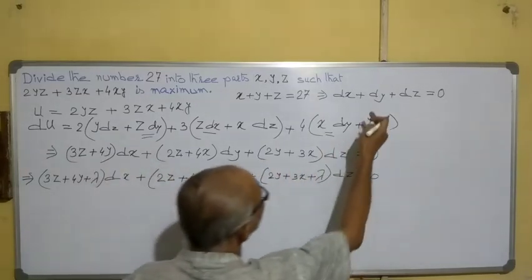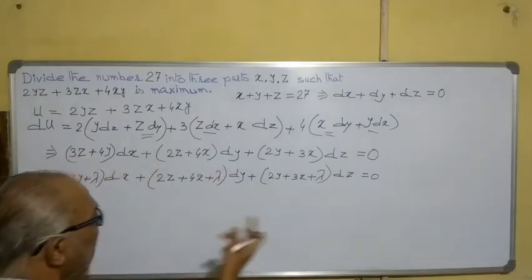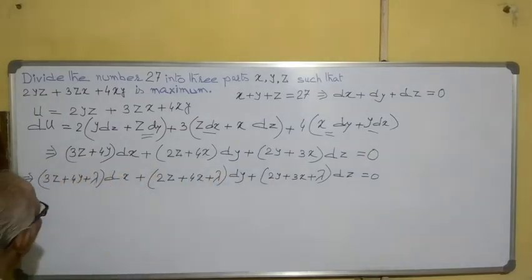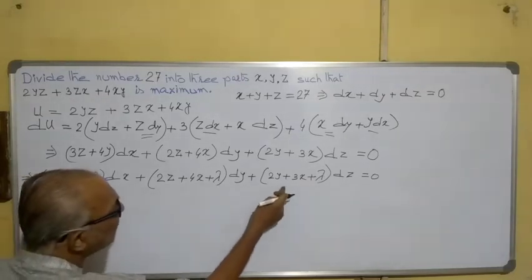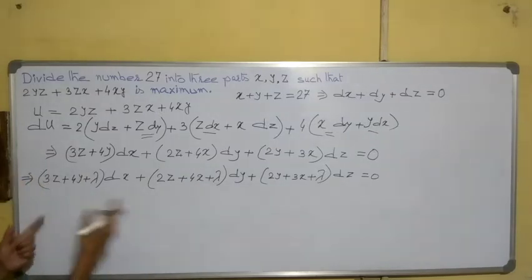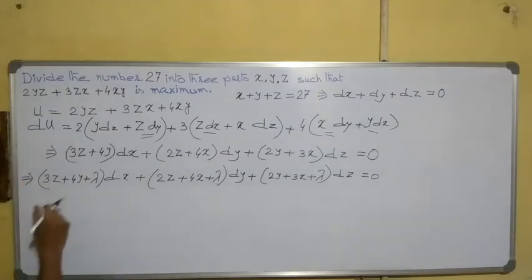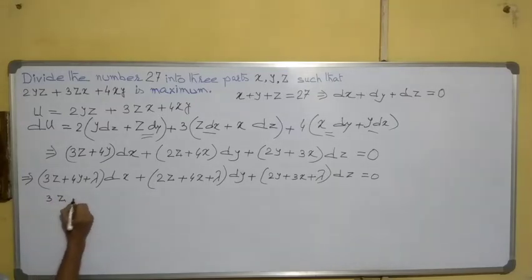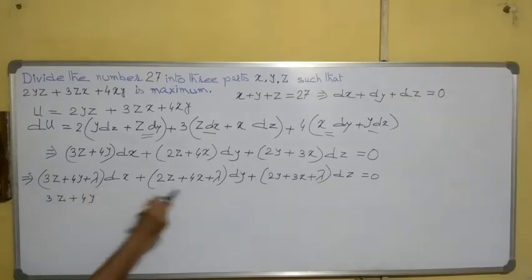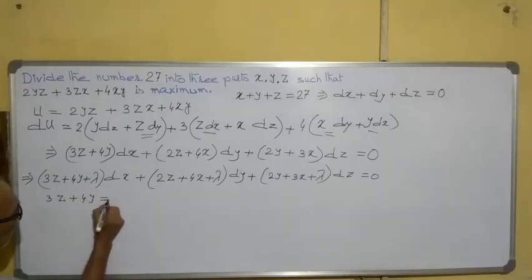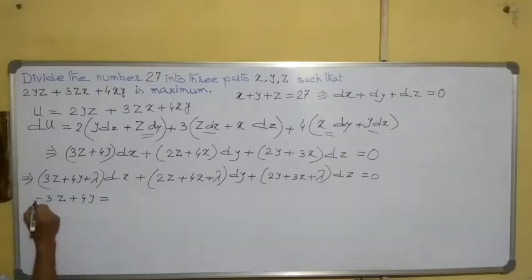This one is 0 plus lambda into this one is 0, their sum is also 0. Now if we want to make the coefficients of dx, dy and dz all 0, then 3z plus 4y plus lambda equals 0, or 3z plus 4y equals minus lambda.